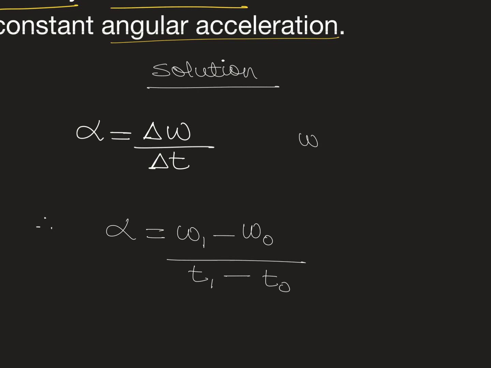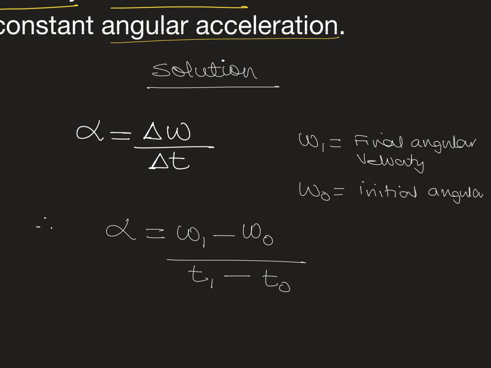So omega 1 is the final angular velocity, omega 0 is the initial angular velocity, the time 1 will be the final time, and time 0 will be the initial time.